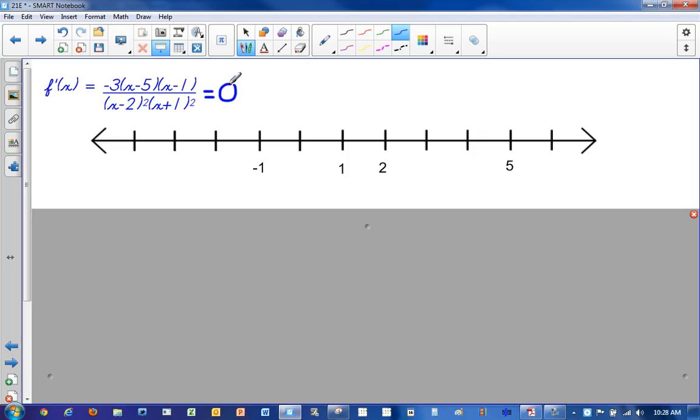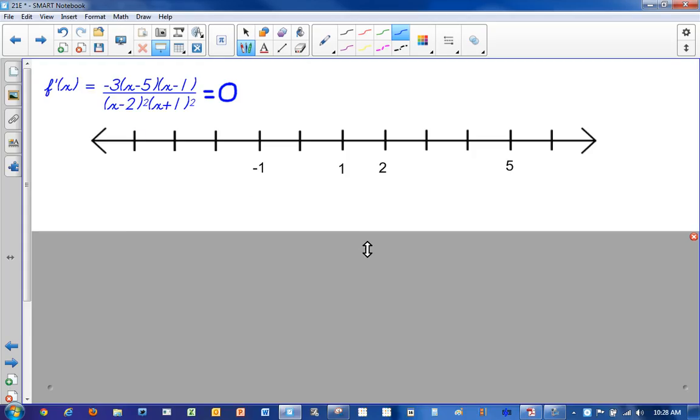When a fraction is equal to 0, the numerator is equal to 0, but not the denominator. That happens at x equals 5 and x equals 1.